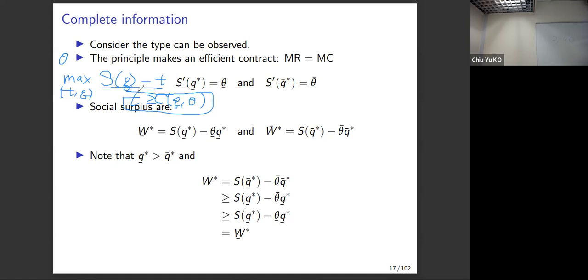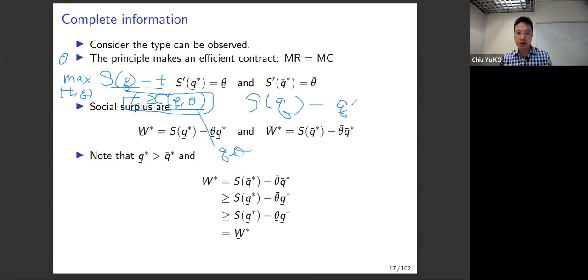And this will hold with equality at the optimum, right? I don't want to pay more than I need to, right? With equality, right? So that means that as the principal, I actually solve this: S of Q minus C of Q, theta, right?